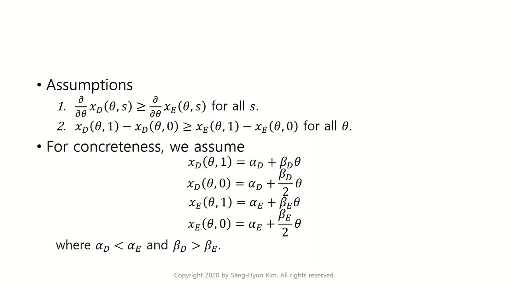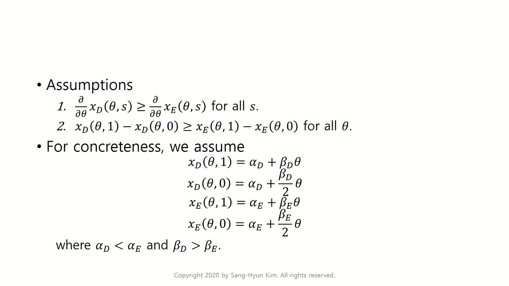And let's see these assumptions. The first assumption is that XD increases faster in talent than XE for any S. For any skill level, XD increases faster in theta than XE.